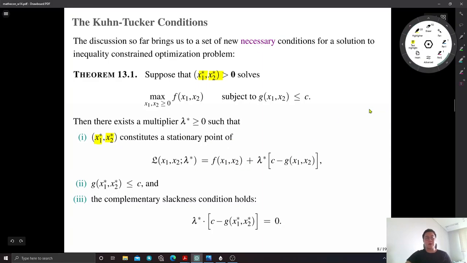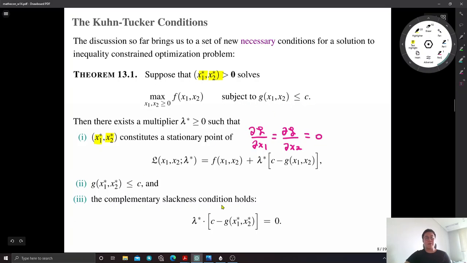That means the partial derivatives with respect to x1 and with respect to x2 should be equal to 0 at this solution. Once again, this is a necessary condition. That is the first necessary condition, and the second necessary condition is that the constraint must be satisfied.